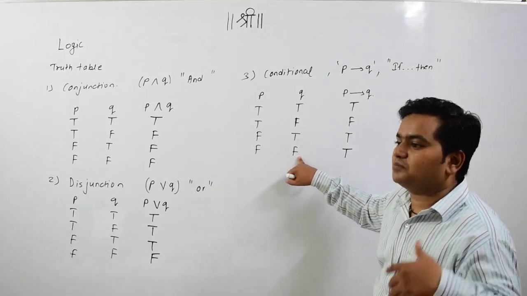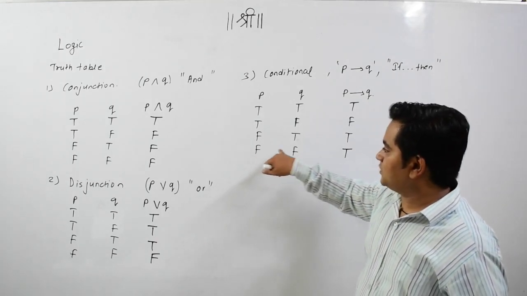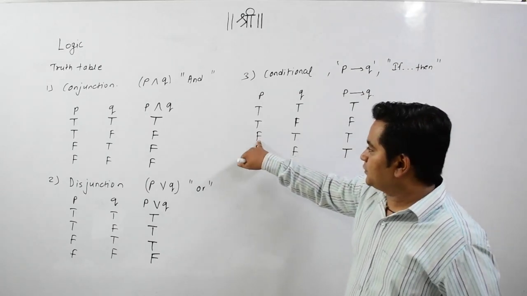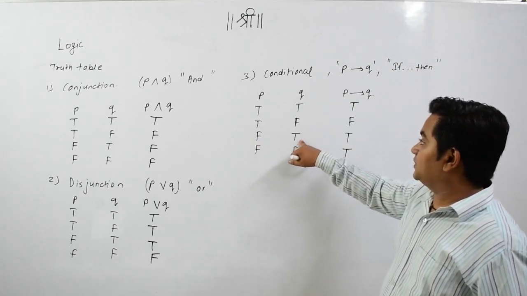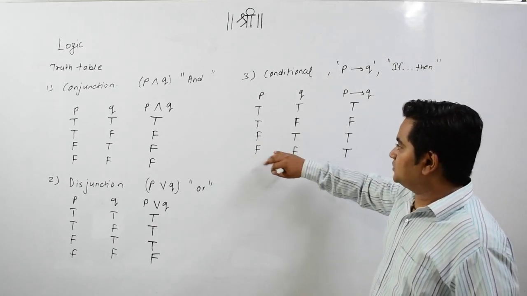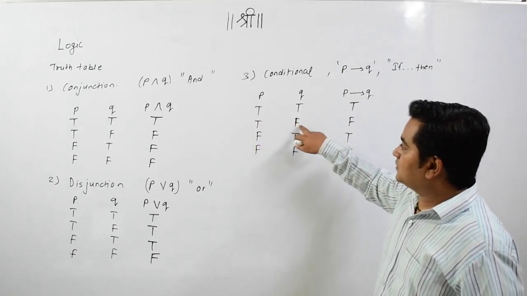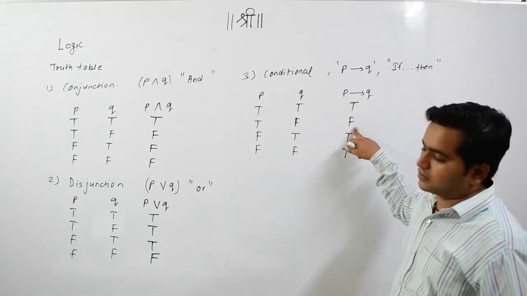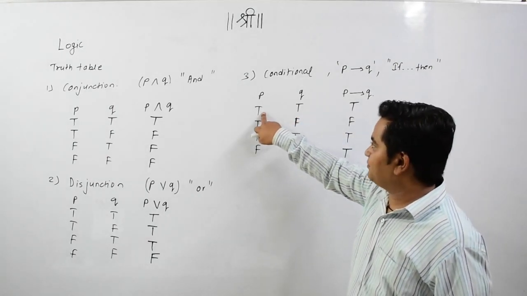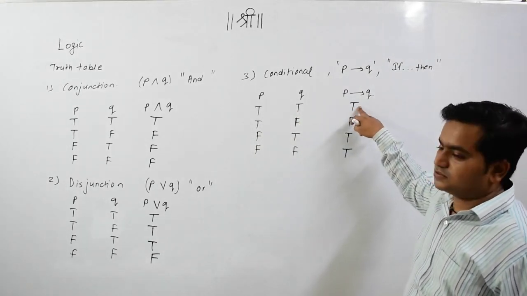So the process is not happening. Understood? P process is not happening, Q process is not happening, common sense true. P process is not happening, Q process is happening. P process is happening, Q process is happening. So this is true. P is happening, Q is not happening, which is wrong. Understood? Which is false. If P is happening, Q is happening, common sense, it is true.